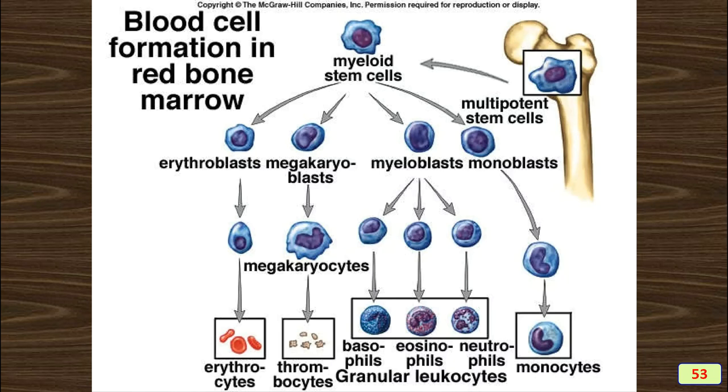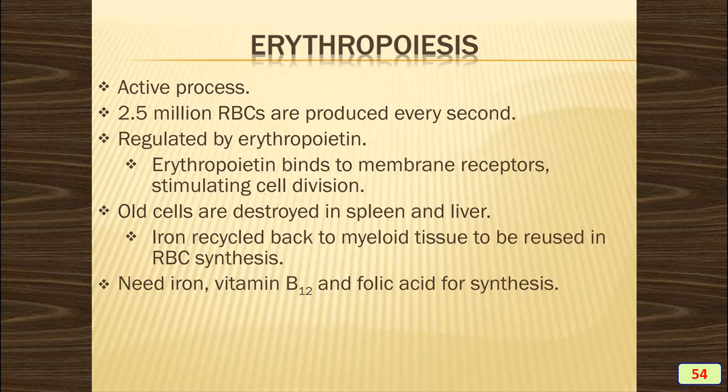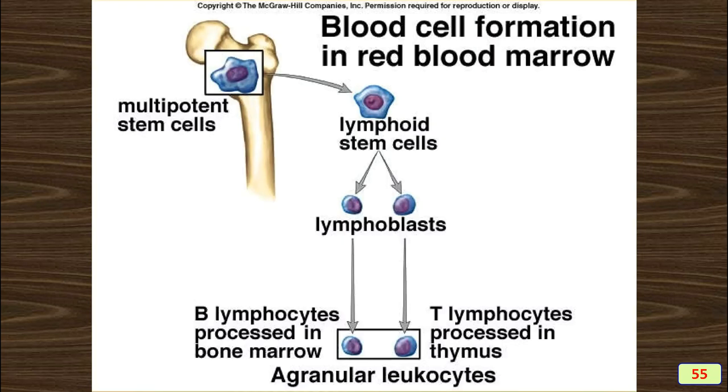So blood cells are formed in the red bone marrow by the stem cells. They are converted into erythroblasts, then myeloblasts. Erythrocytes we already know, and red blood cells are derived from the stem cells.